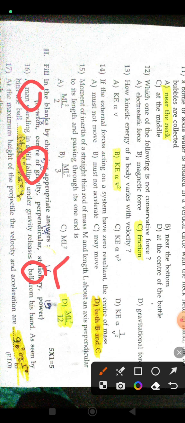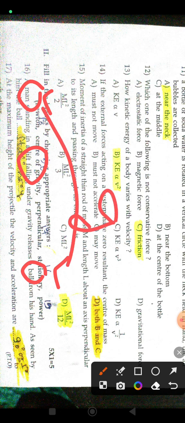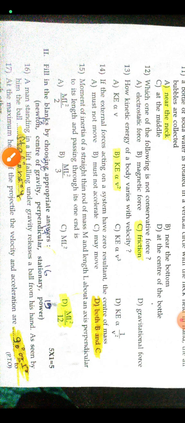Both are moving with g, at the same speed, falling together. So this man and this ball look stationary, so the option is stationary.